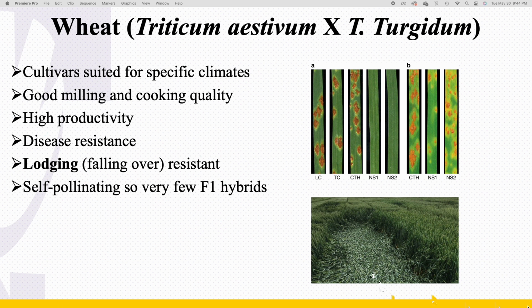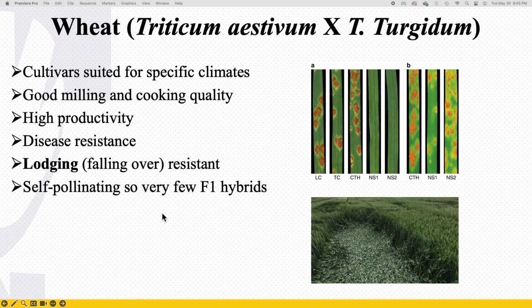Lodging is when the plant just kind of falls over because it can't really hold itself upright. And so basically when you run the combine through here, you don't get to harvest this little plot. You don't get to harvest this little area because the crop is laying on the ground, and it's lower than the header as you come through that combine as you try to harvest this wheat.